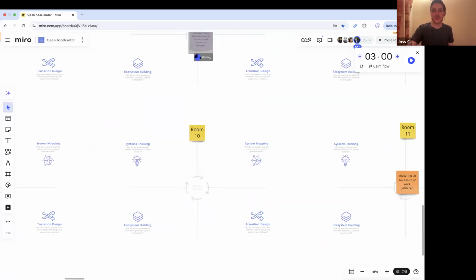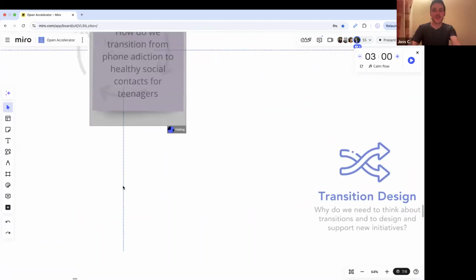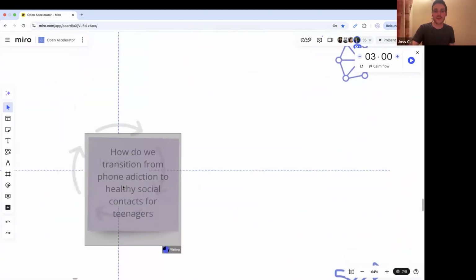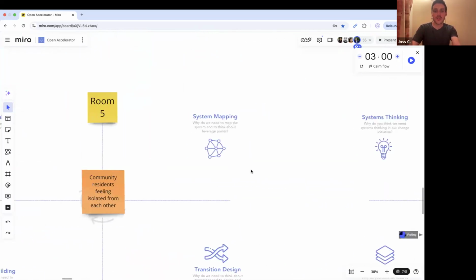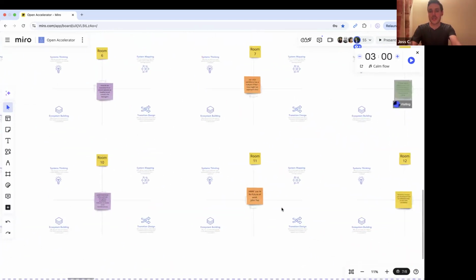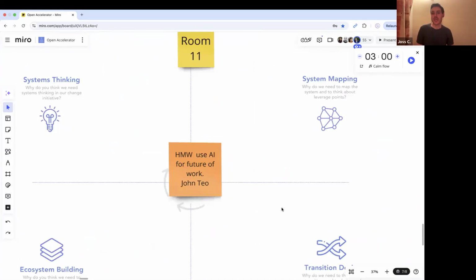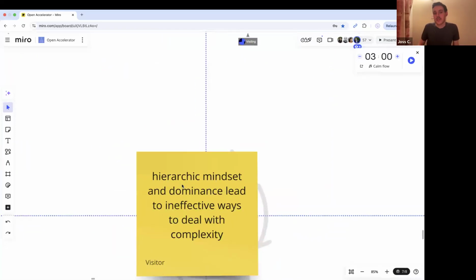Maybe find a different one for room 10. I already changed the fifth. Okay, great. So in room 5, or room 6, is it 5 or 6? Community residents feeling isolated from each other. And room 11, how might we use AI for the future of work? And room 12, hierarchy mindset and dominance lead to inefficient ways to deal with complexity.